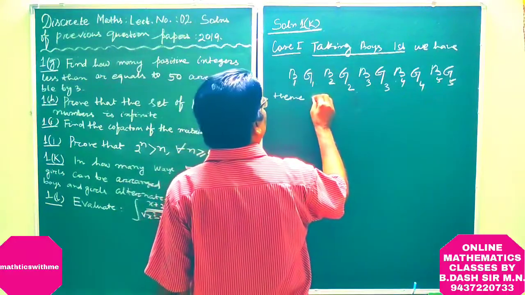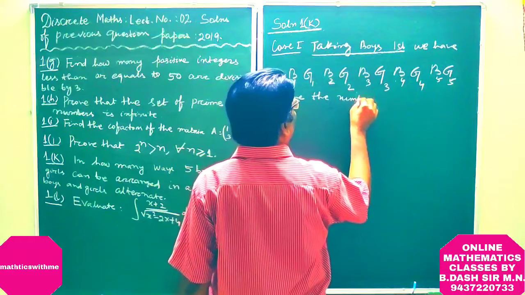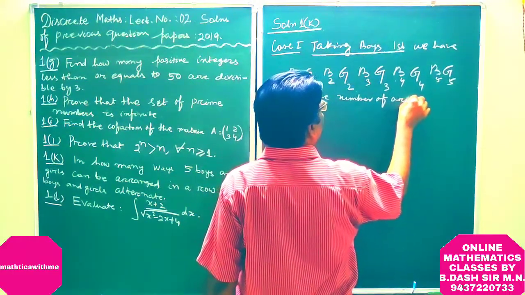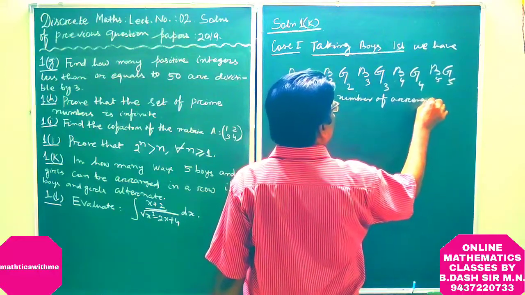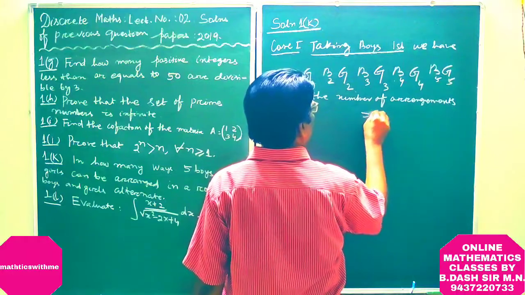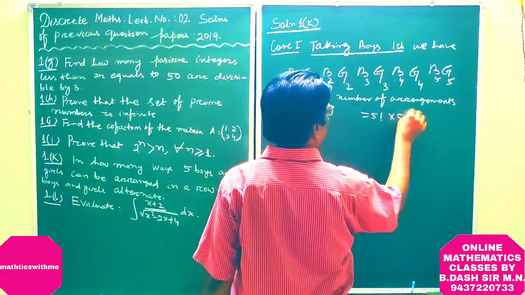Here the number of arrangements is equal to 5 factorial into 5 factorial.